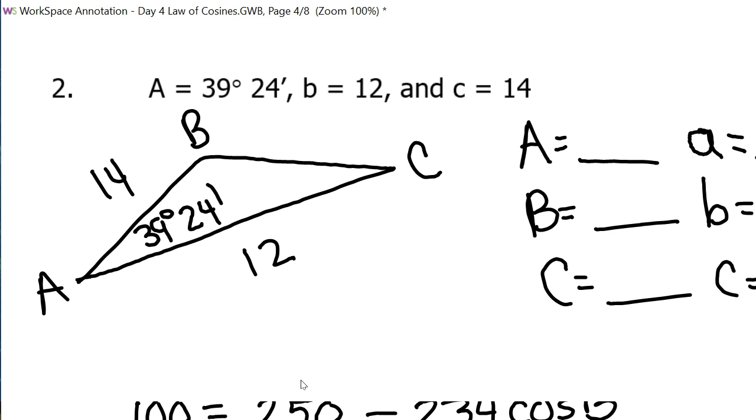Go ahead and fill in the given information. So angle A is 39 degrees, 24 minutes. Side B is 12. Side C is 14.